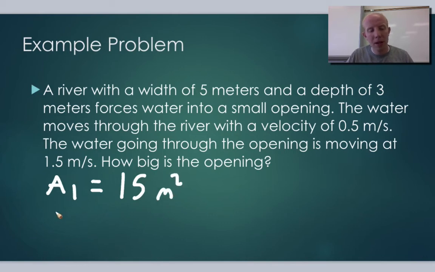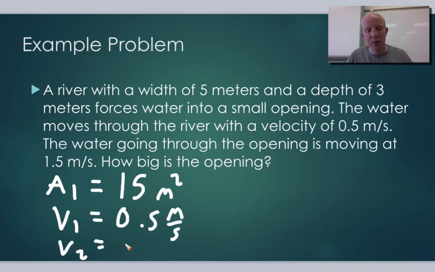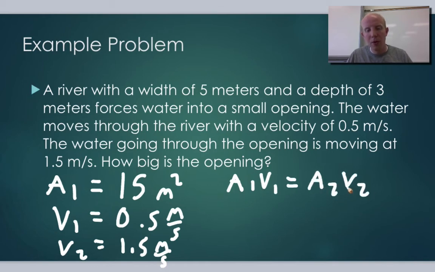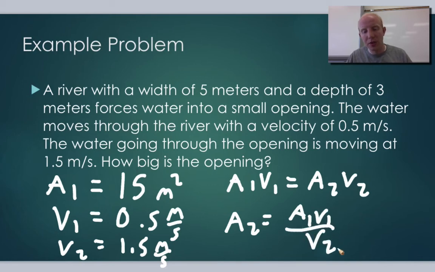Then the first velocity is 0.5 meters per second, and the second velocity is 1.5 meters per second. Then we can solve our equation, A1 V1 equals A2 V2. We're solving for A2 this time, so we get A2 equals A1 V1 over V2.